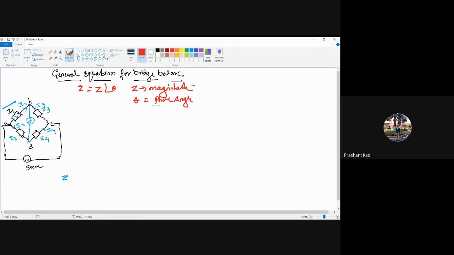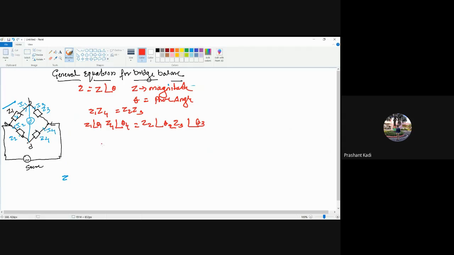So we have the equation Z1 Z4 equals Z2 into Z3. You can express it in polar form as Z1 with an angle of theta 1 multiplied by Z4 with an angle of theta 4 equals Z2 with an angle of theta 2 and Z3 with an angle of theta 3.